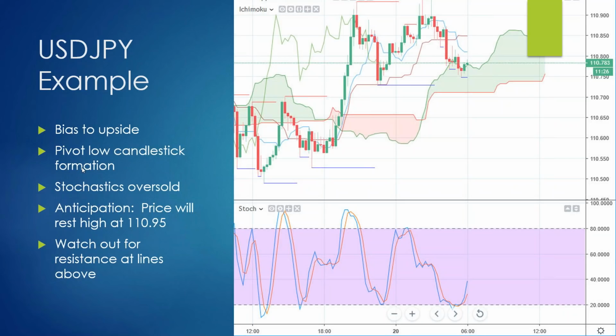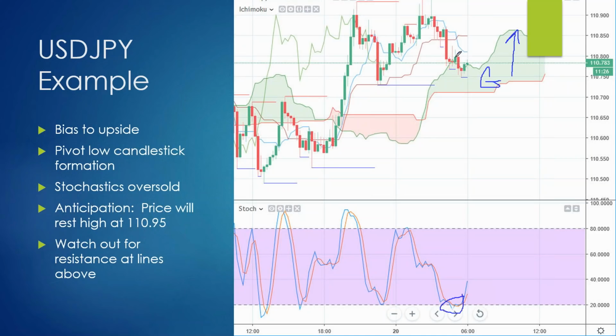So let's just briefly go over this one more time. You have the cloud is green. Okay? So that means up. We're looking for an upward move. Okay? The stochastics is overextended.